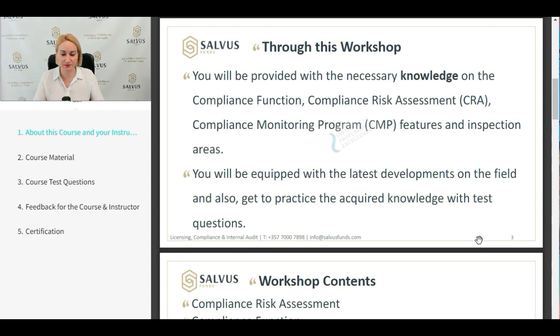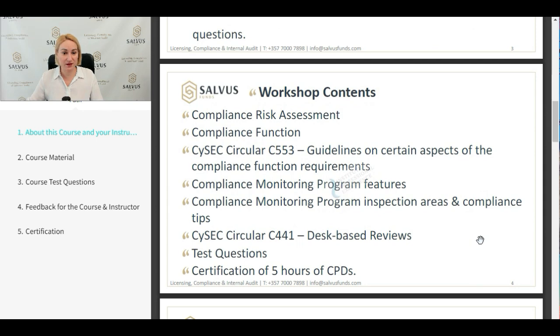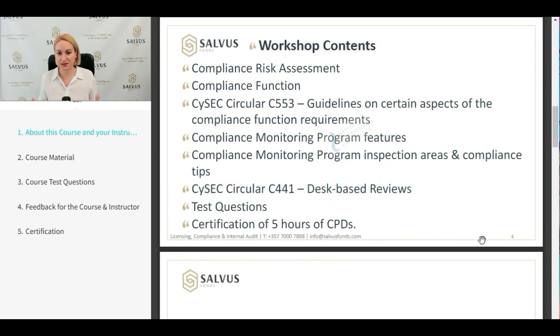So we are covering within this course the compliance risk assessment, what it is and how you will perform it, the compliance function, the duties and responsibilities. We are covering extensively the CySEC Circular C553, where it discusses the guidelines on certain aspects of the compliance function requirements.